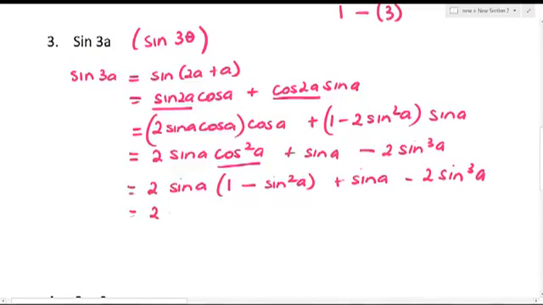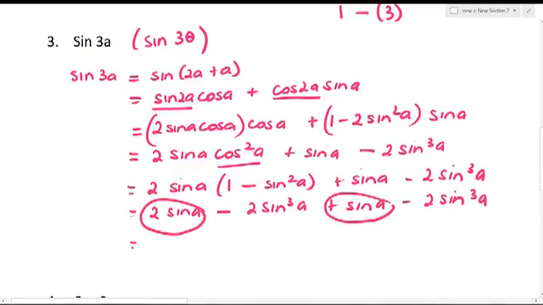So expanding that, I have 2 sine a minus 2 sine cubed a plus sine a minus 2 sine cubed a. So collecting like terms, that gives you 3 sine a minus 4 sine cubed a. You may have different variations to the working out of this question, but as long as you get this final answer, you should get your full marks if I was to give you this question in an exam.